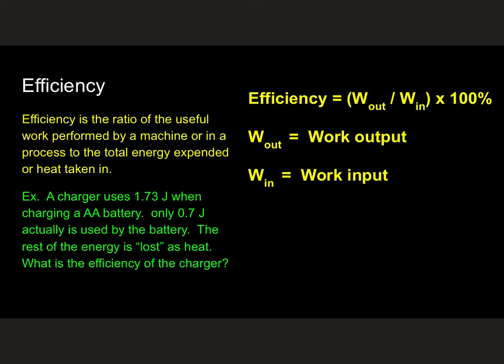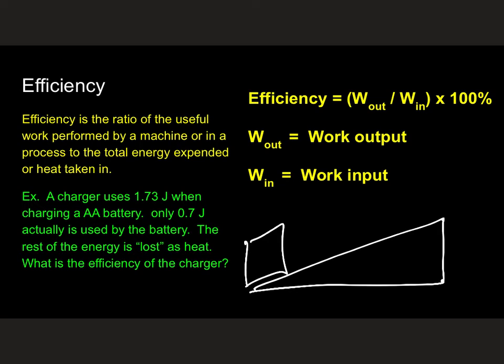But we need to understand a little bit more what we're talking about when we say work out and work in. So let's say a ramp real quick. My goal of the ramp is to get some sort of heavy object, let's say a heavy box, up a certain height. Now, I could pick that box straight up and get it to that height that I need, but that wouldn't use the machine in any form.